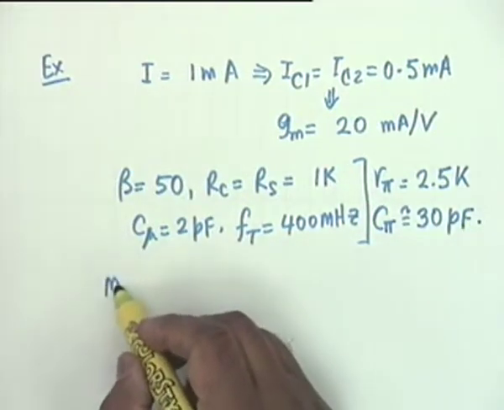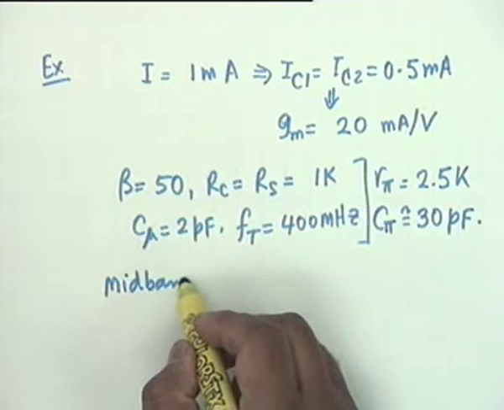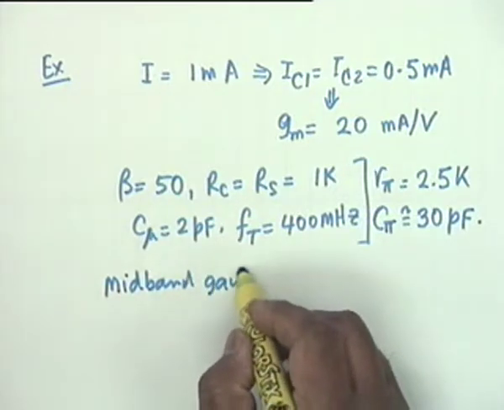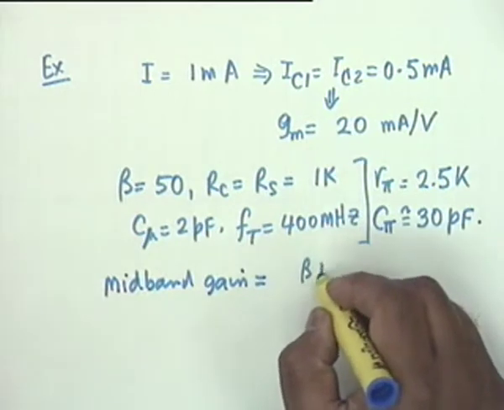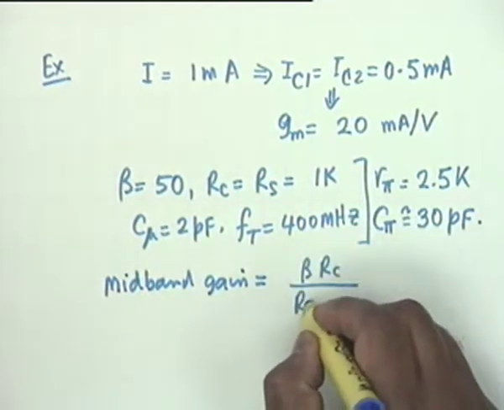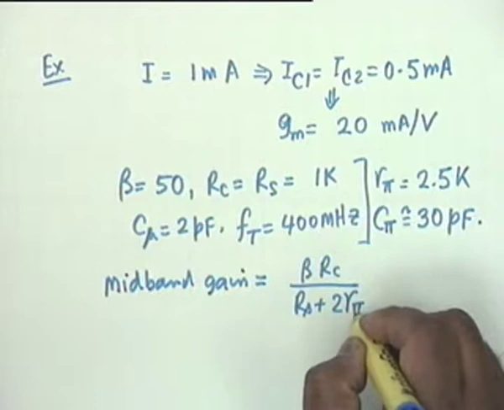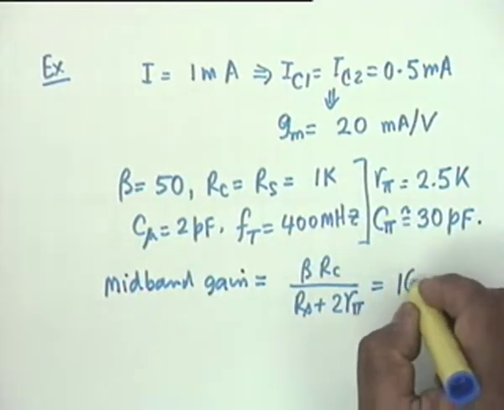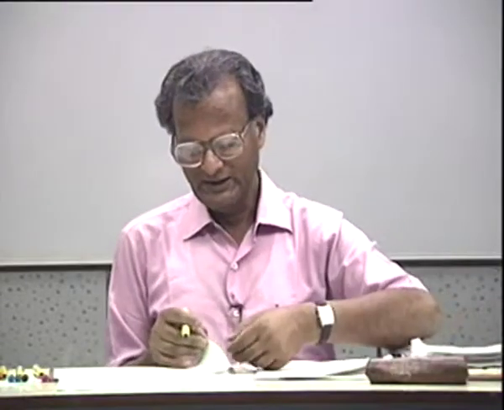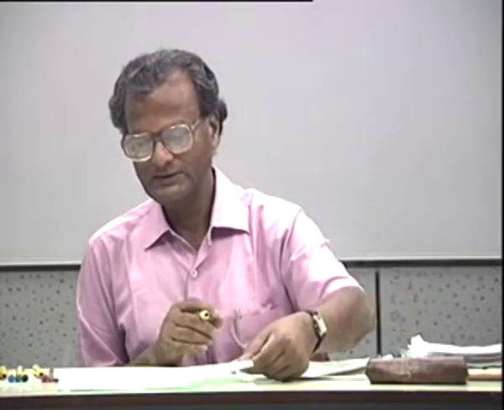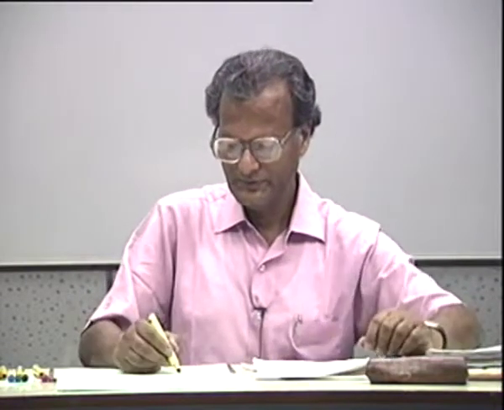Then the midband gain, no more negative sign, it is in phase, beta Rc divided by Rs plus 2 R pi. If you substitute the values, this comes out as 16.7. And then we calculate omega p1 and omega p2.